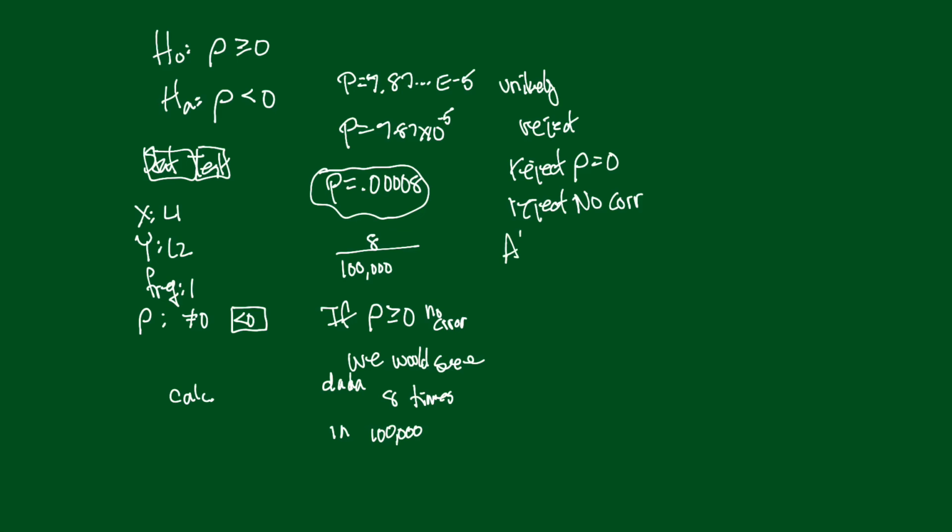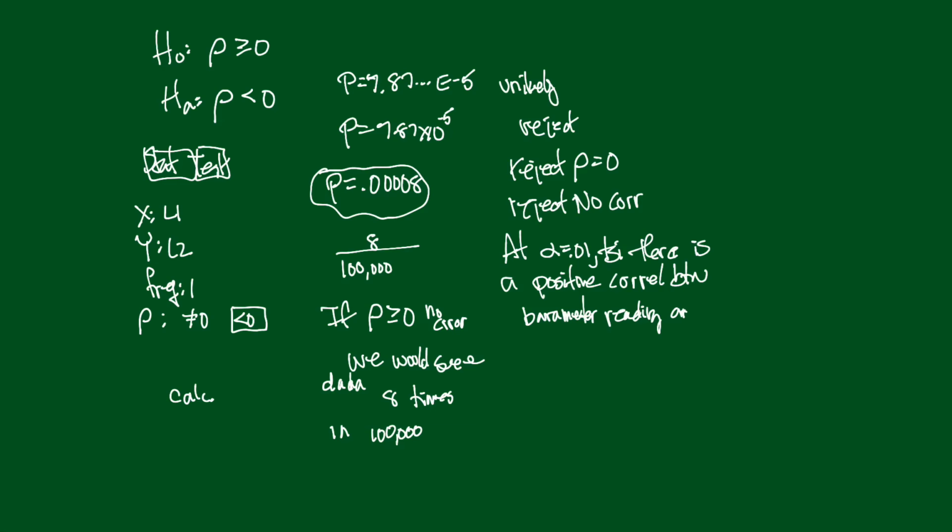So we would say at alpha equals 0.01, this sample indicates there is a positive correlation between barometer reading and wind speed.